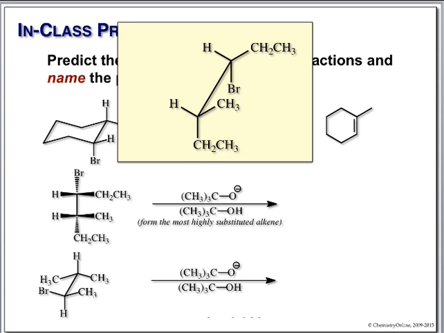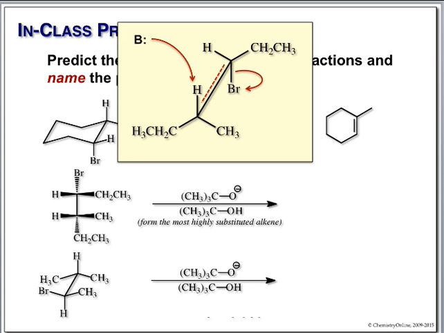Hydrogen simply goes up, methyl down, ethyl up. Now the hydrogen and the bromine are in the same plane. We can do our elimination. And we wind up with an alkene where the two ethyl groups are on opposite sides of our molecule.